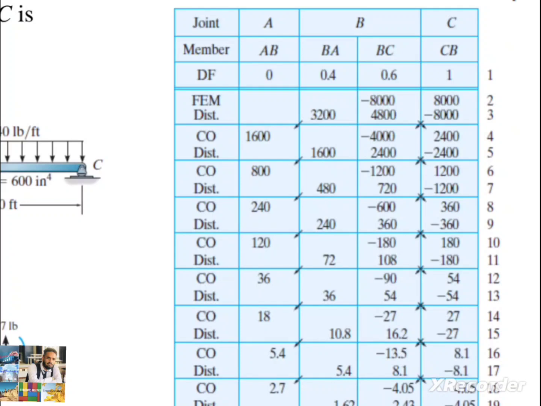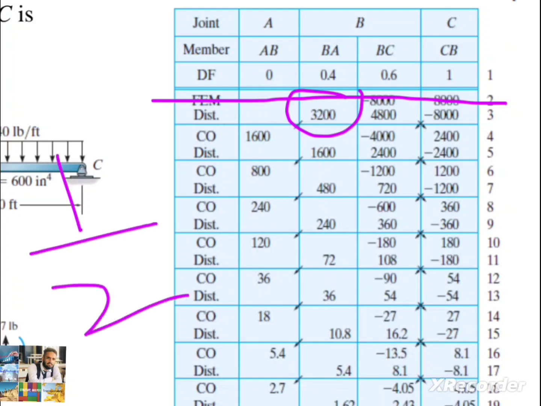The second step is to carry over the moment, meaning we transfer half the amount of the moment to the other joint. Remember this: seeing the distribution moment of 3200, we carry it over by half, since the carryover factor is 1 by 2 or 0.5.